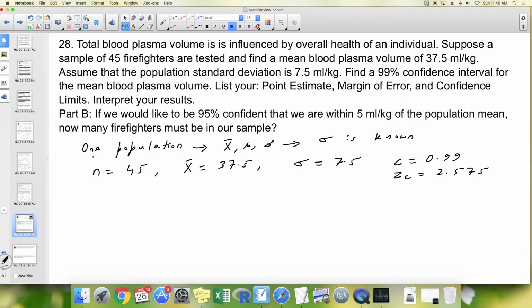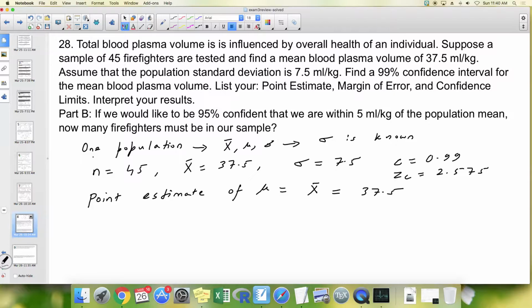The rest is easy. You have to find the point estimate. Point estimate of what? Point estimate of mu, which is x bar, which is 37.5.